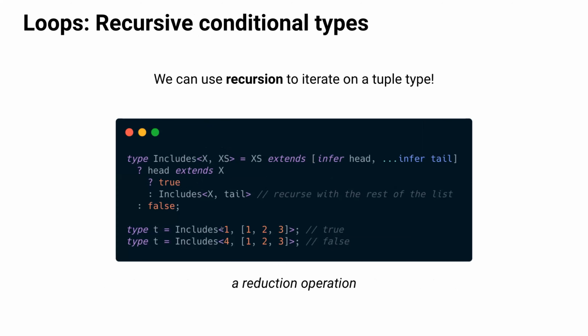Cool. So now let's talk about recursive conditional types. So that's the way of iterating over tuples. You might notice that tuples are pretty similar to arrays at the value level because you can iterate on them because they can have several elements of several types inside of them.